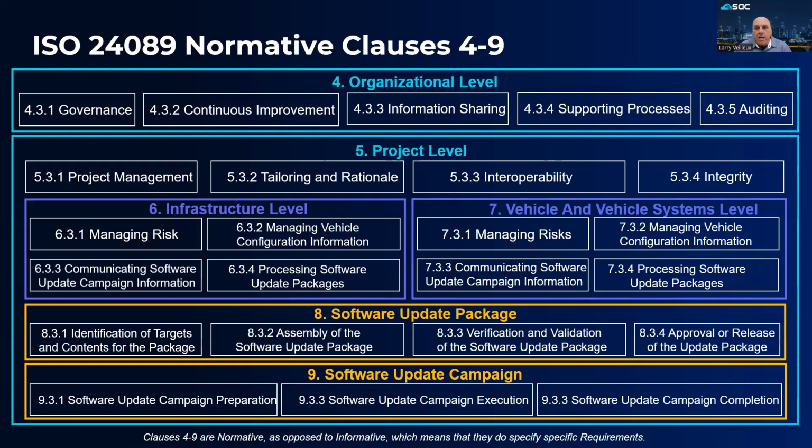For example, Clause 5 project level includes 4 subclauses, 5.3.1 through 5.3.4. As we cover each clause following, I have included a smaller version of Figure 1 in the lower right-hand corner, highlighting the relevant section that's being addressed, along with also listing the associated subclauses in the upper right-hand section and work products in the lower left-hand corner.